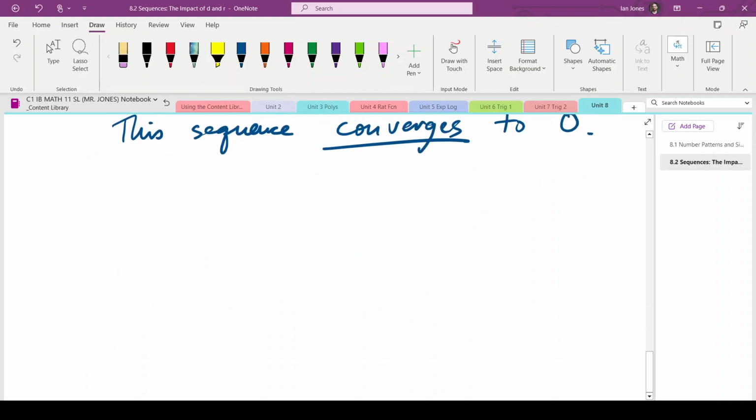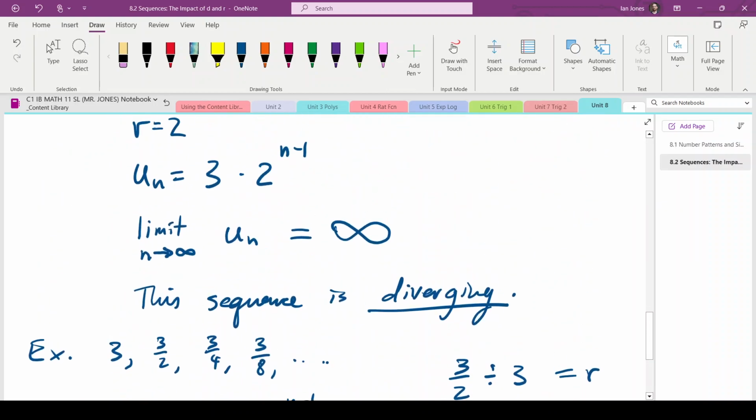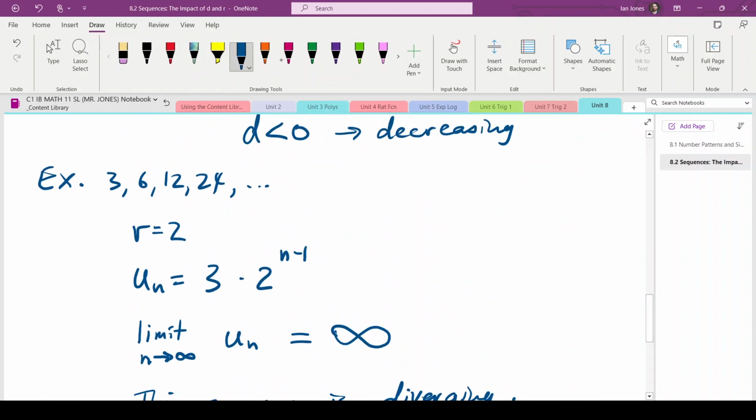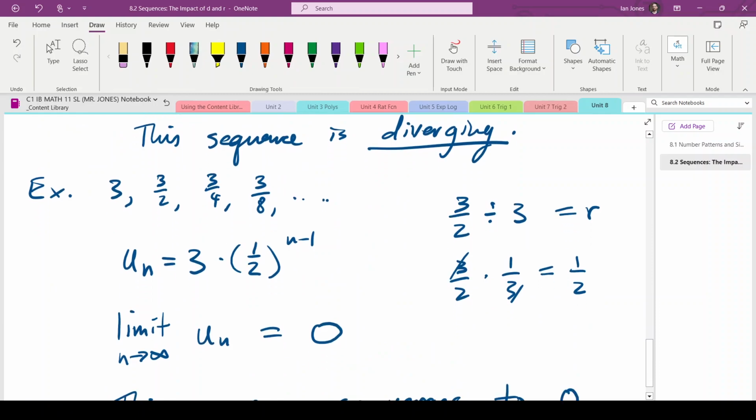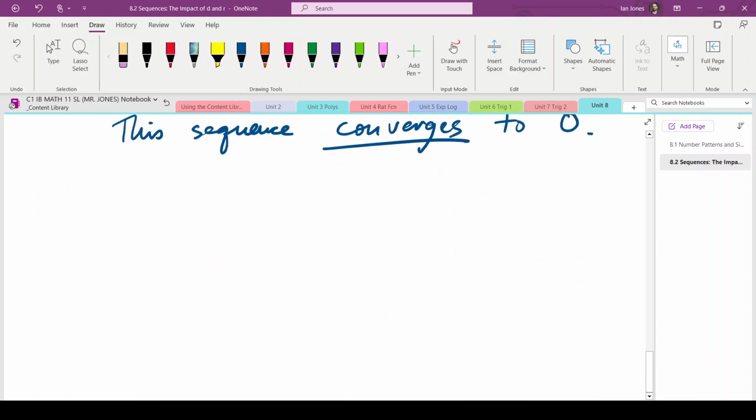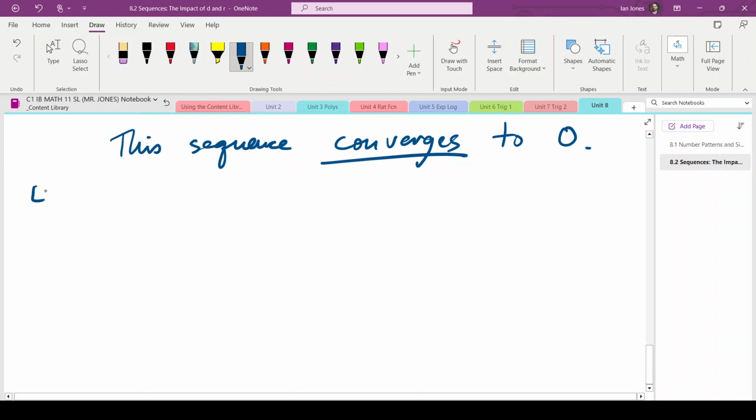There are 4 basic cases here. We've got the case where r is greater than 1. We have the case where r is less than 1 but bigger than 0. Now we're going to do a case where r is less than -1. Okay, so let's take this example here.